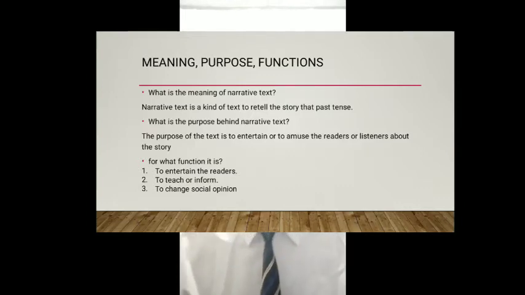And then, what is the purpose? Tujuan dibalik dibuatnya sebuah narrative text itu seperti apa? Okay, Marcita, could you explain to me the purpose of narrative text?